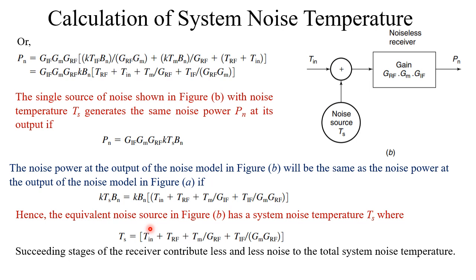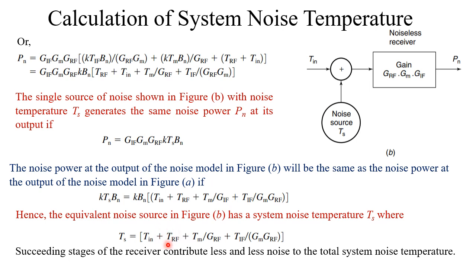But observe this TRF. What is TRF? TRF was the noise temperature of the RF stage. That is the LNA, right? So instead of LNA, if we had used some common kind of amplifier, then corresponding to that amplifier, the value of TRF would be higher, right?